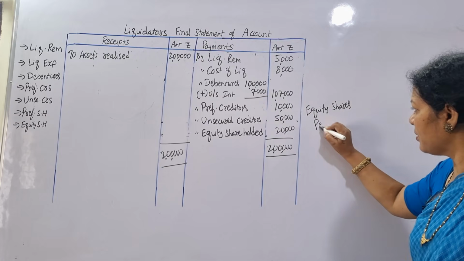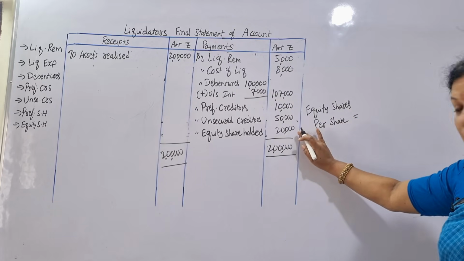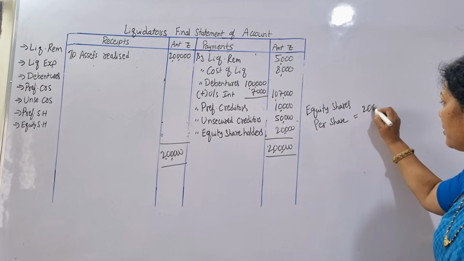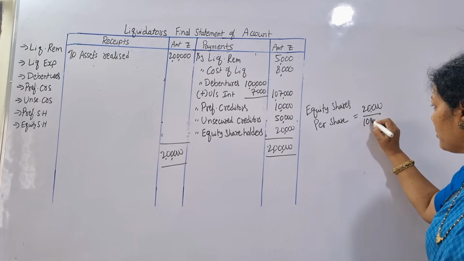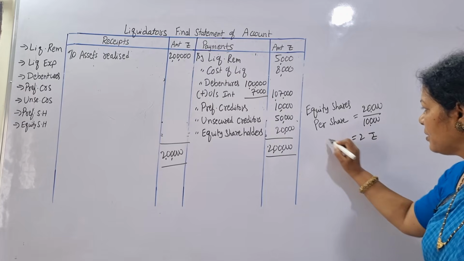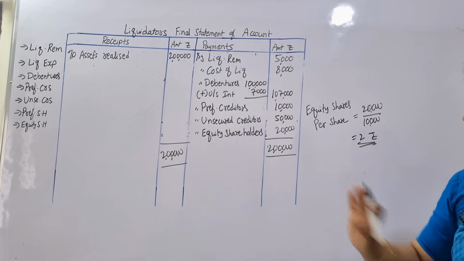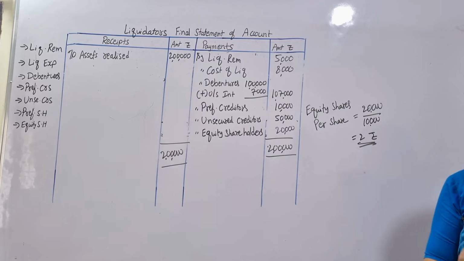Per share, how do you get it? In total we are making a payment of 20,000, and out of 10,000 shares, it means per share it is 2 rupees. Though it is 10 rupees, we are able to pay 2 rupees as per the funds.